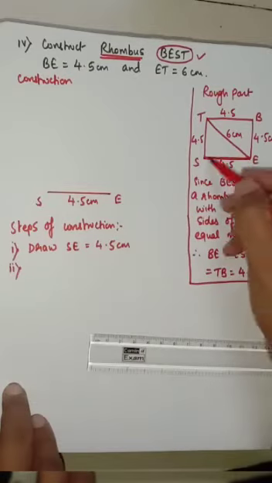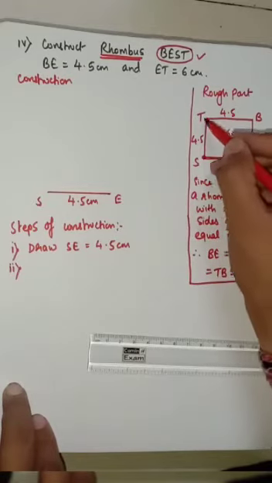Now the second step: from S as center and from E as center we will draw arcs.